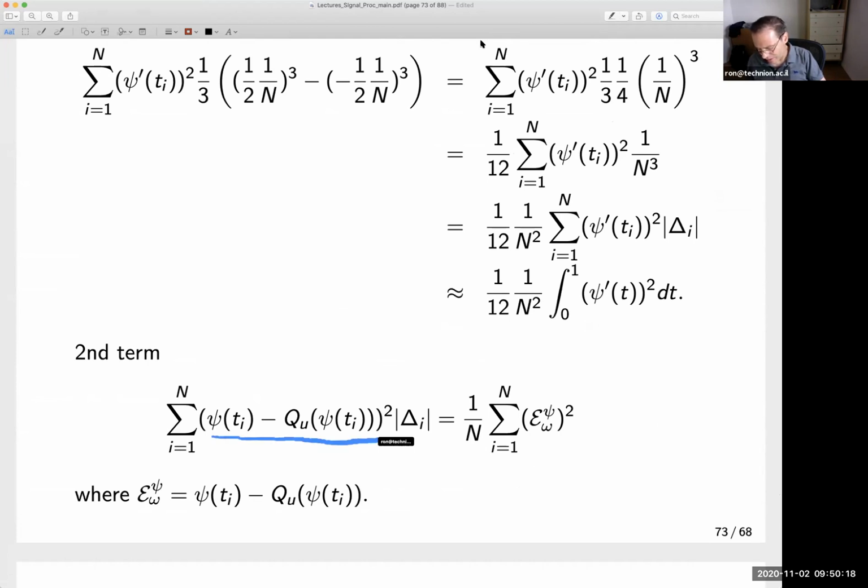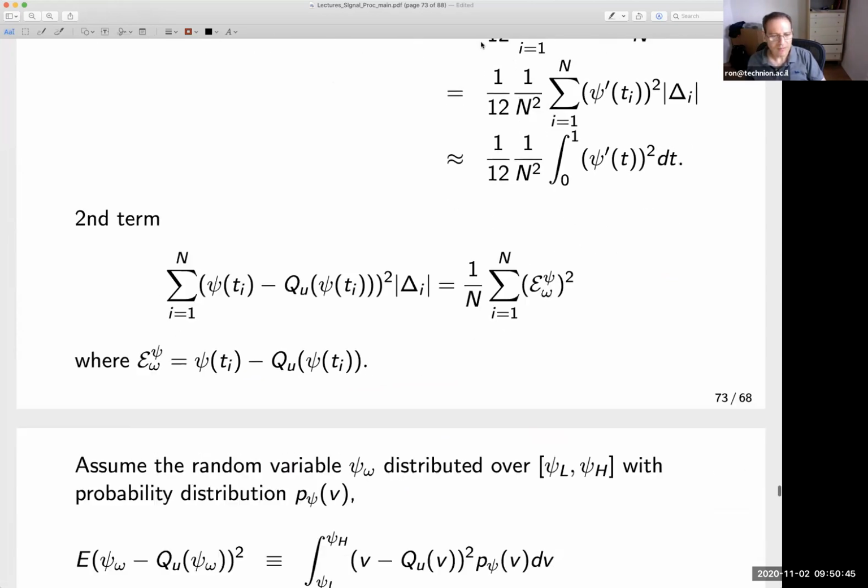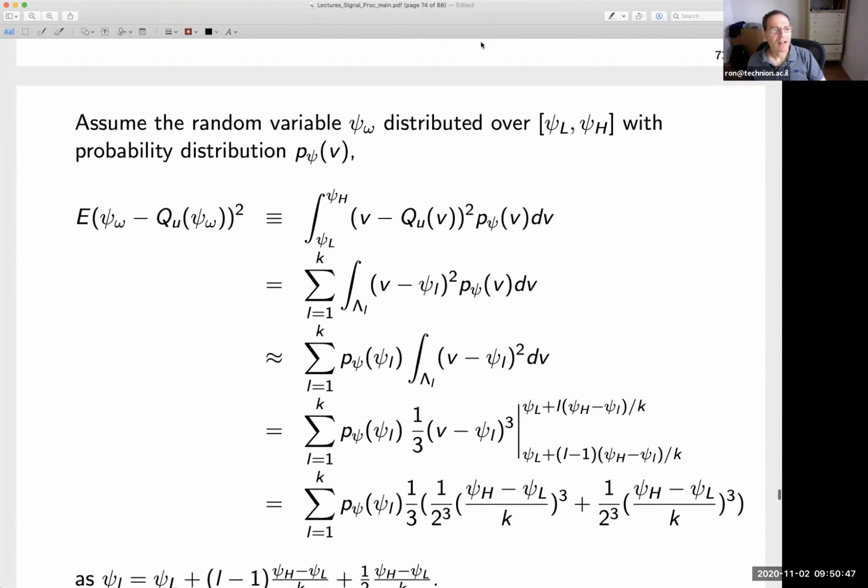So if we define the error of quantizing as follows, phi of ti minus the quantization of phi of ti, then basically what we sum is over the quantization errors. So this would be the quantization error, and that would be a measure of how smooth, in a sense, my function is. And this would be the total error, the MSE error, when quantizing along the x and the y. Where does it lead us?